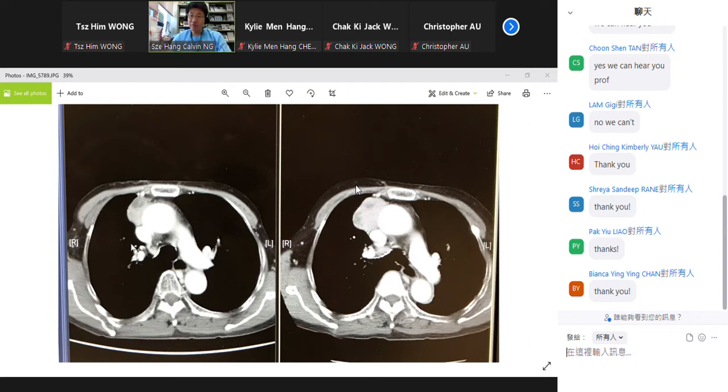For a thymic carcinoma, you would tend to biopsy it first, and there'll be a discussion in MDT whether to give some neoadjuvant chemotherapy before you do the total thymectomy surgery. So there are really two scenarios. One is that if you think that you cannot resect it totally, then you may biopsy it to confirm its diagnosis so that the oncologist can give neoadjuvant chemotherapy.